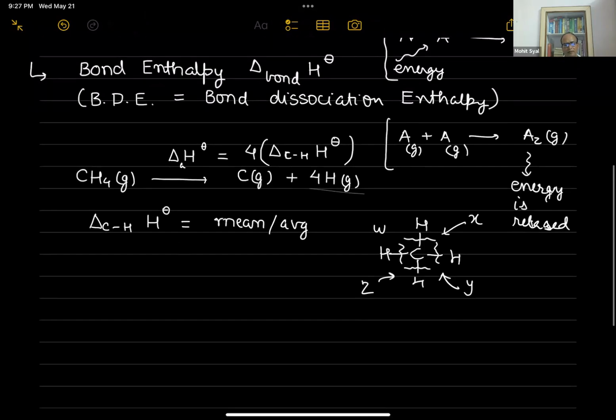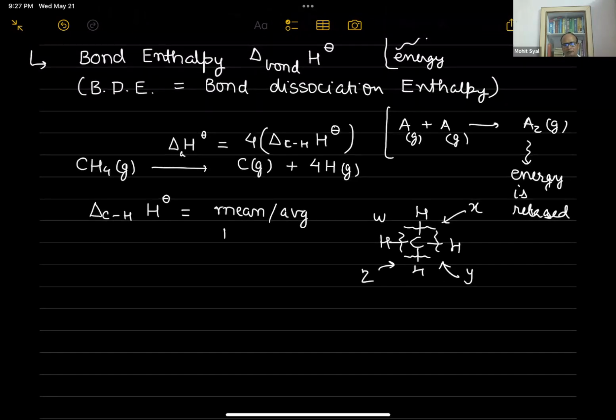But you need to keep one thing in mind. BDE means bond dissociation enthalpy of the C-H bond. Is it clear?